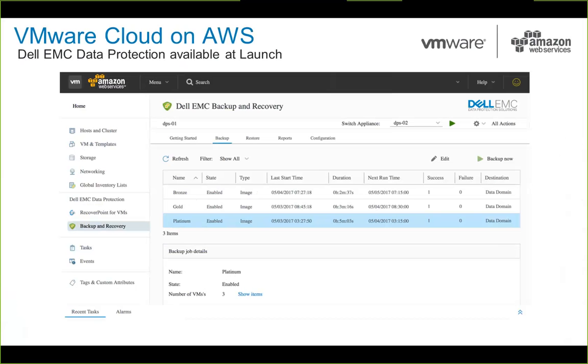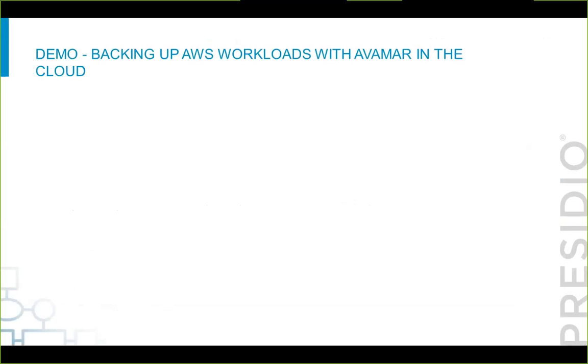What this is showing is that you're going to be able to use backup and recovery functionality, which under the covers is Data Domain and Avamar with AWS, natively integrated into VMware Cloud on AWS. Srinivas, go ahead.